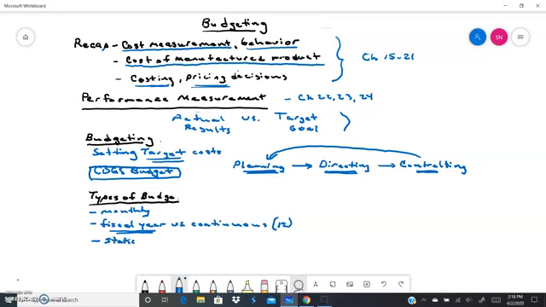The other ones are static versus flexible budgets. Static budgets really just allow for one activity level. Flexible budgets allow for multiple activity levels.